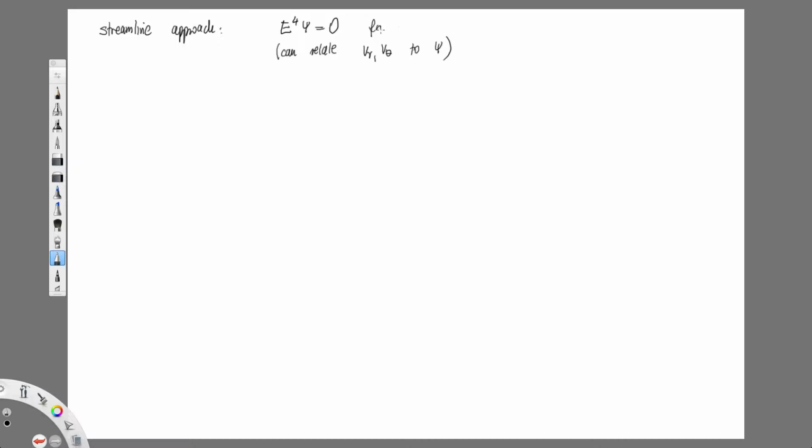This is for the case where V phi is 0 and V_r, V theta are functions of r and theta. So the streamline approach is applicable to essentially two-dimensional problems.